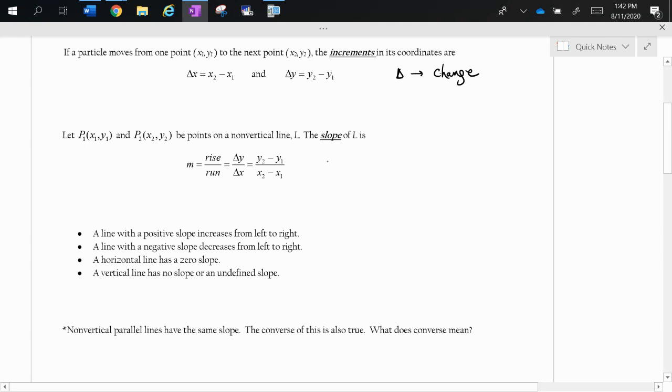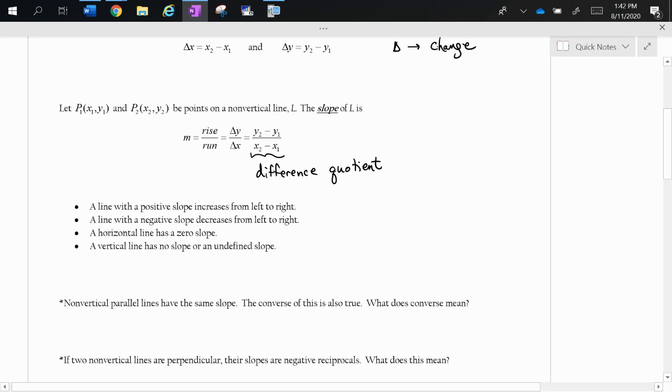The slope formula, y2 minus y1 divided by x2 minus x1, we'll call from today to the end of time the difference quotient. Notice it's a quotient because we're dividing and there's a difference between the two x's and the difference between the two y's.